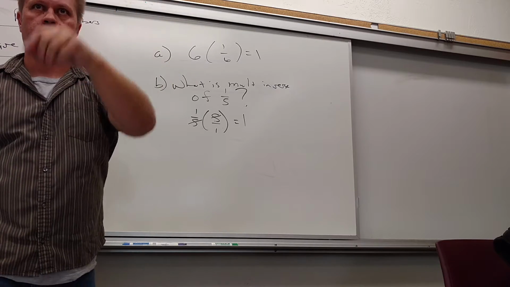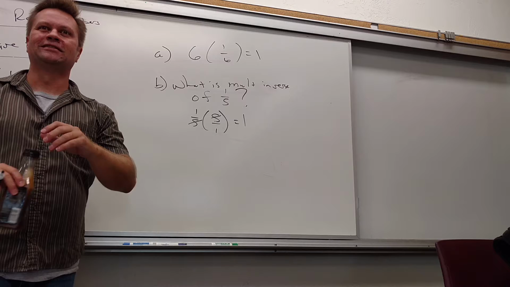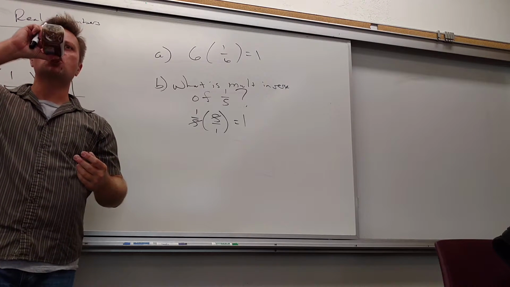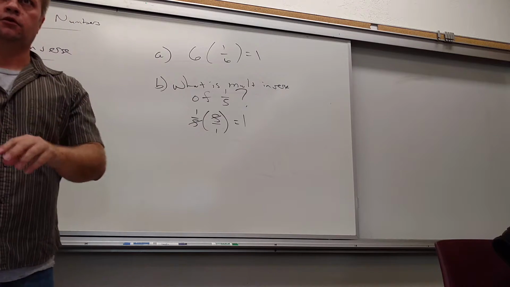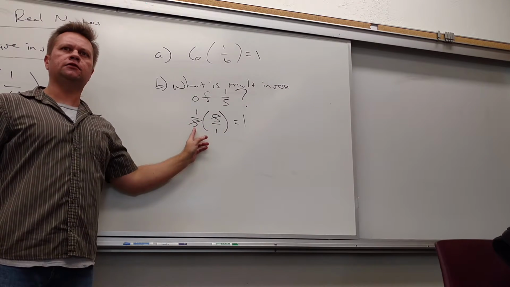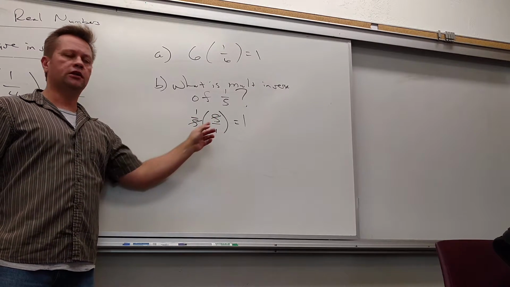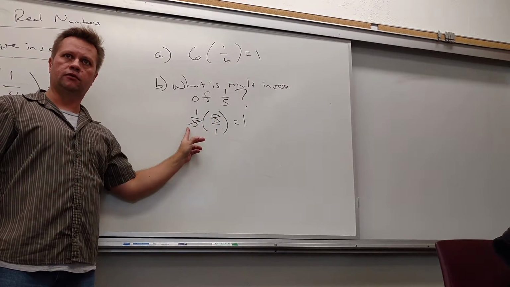Okay, one question. These two 5s cancel out, right? That's the cancellation of the same numbers. Well, how come the two 1s don't cancel out and make it 0? Well, when we say the two 5s cancel, what do we really mean? They don't make 0. What is 5 divided by 5? It's 1.